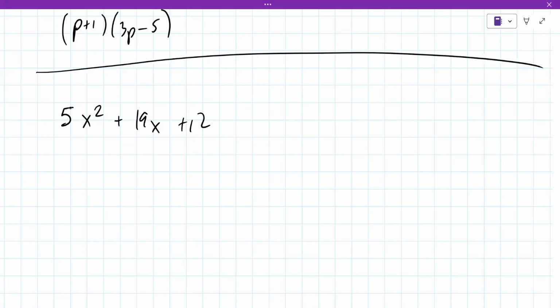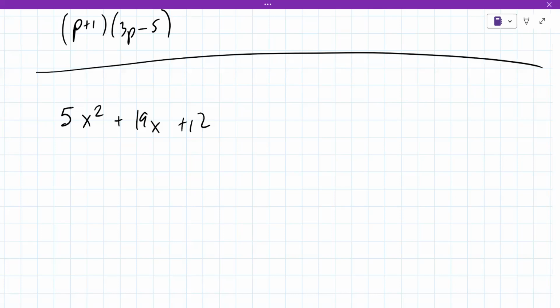Okay. Equal 19. So you would have 5x squared plus 15x plus 4x plus 12. Yeah, 5x is, yeah, x and then 3 plus 3.